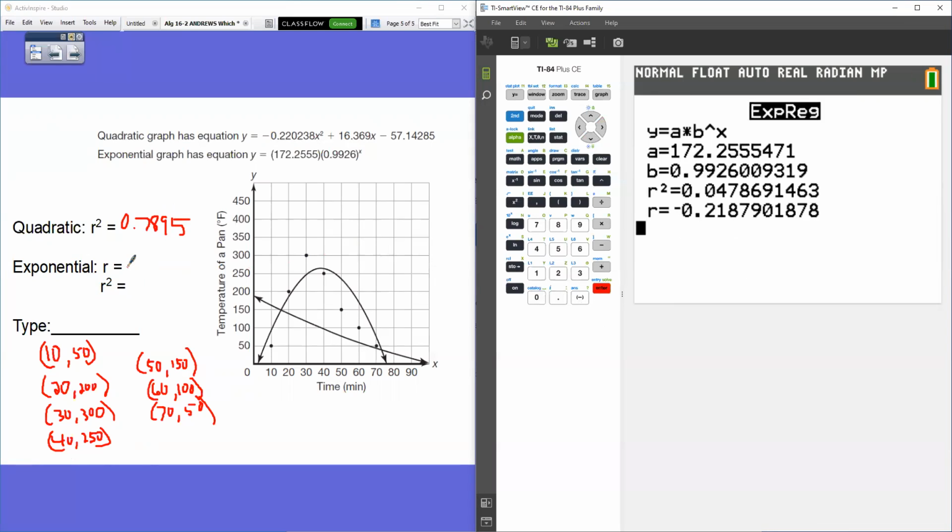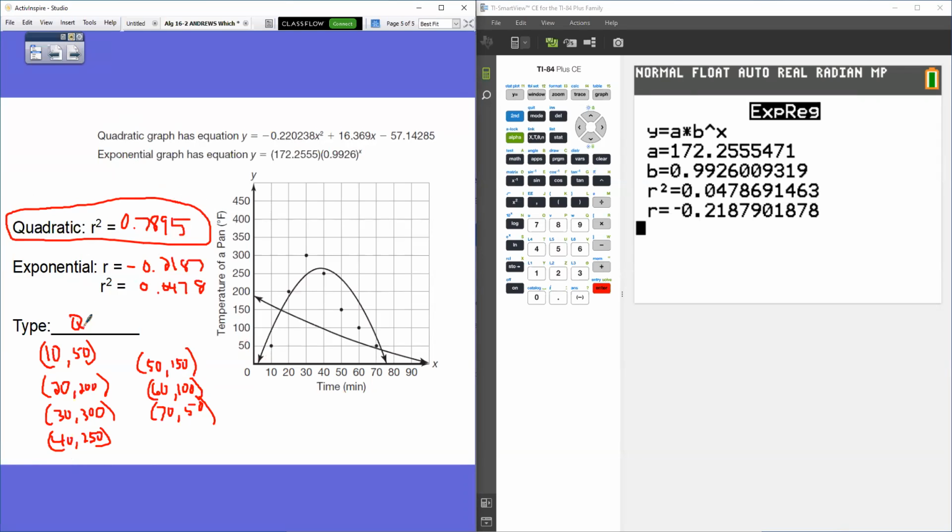And I have negative 0.2187. And for my R squared, I have 0.0478. So which one is closest to 1 or negative 1? It would be the 0.7895.